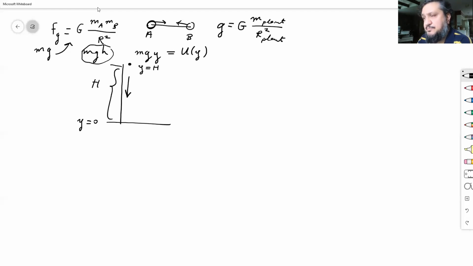In the beginning, it is mgh. In the end, it's 0. The potential energy decreases. Therefore, the change in the potential energy, U final minus U initial, is a negative number. Every time you go downward, that's the case. If you go upward, the potential energy increases.